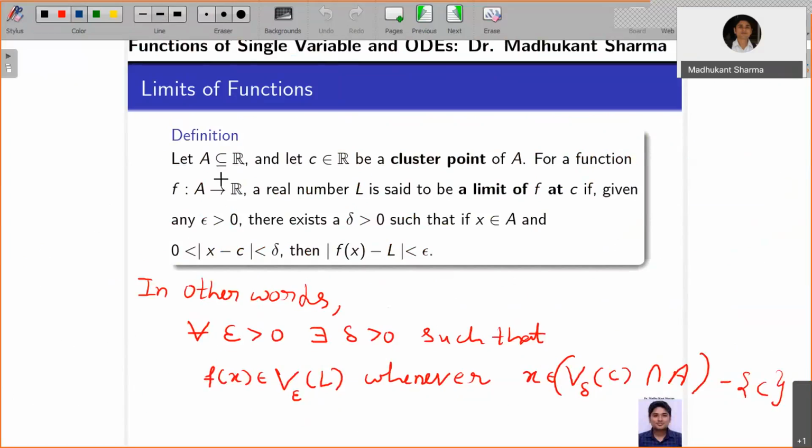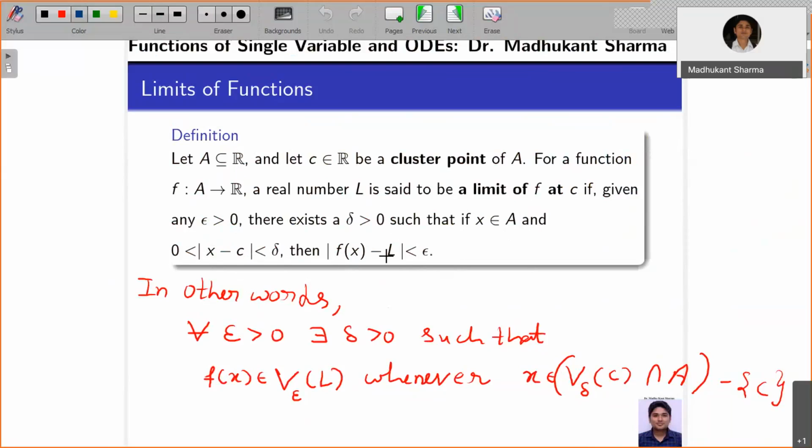Let A be a subset of R and let c in R be a cluster point of A. For a function f from A to R, a real number L is said to be a limit of f at c if, given any epsilon bigger than 0, there exists a delta positive such that if x belongs to A and x is such that 0 less than mod x minus c less than delta, then mod of f of x minus L is less than epsilon.